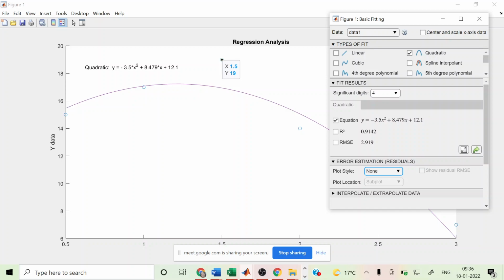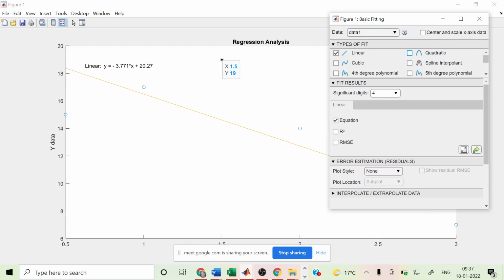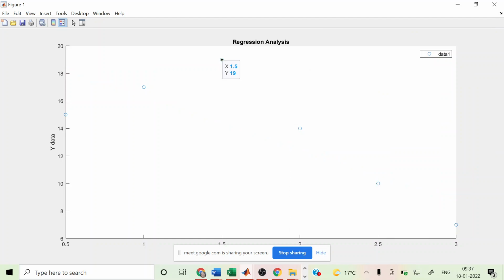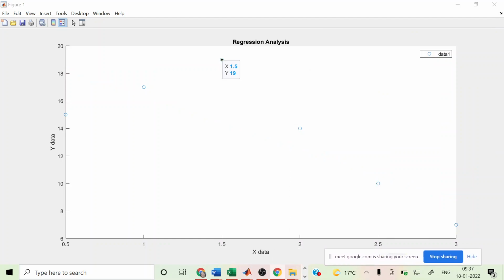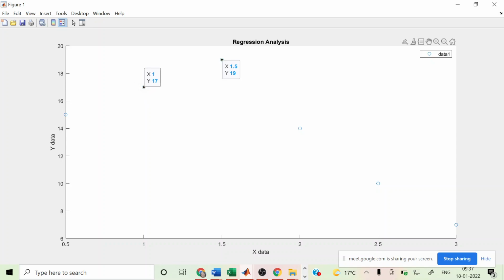Okay, so now we'll take this and remove this. First I'll remove everything. So you can see that this is the scatter plot, in which scatter means these circles which you could see. It is like different points. If you click here, you will get the same value. Okay, scatter plot. So how many samples do we have? 6 samples. And regression analysis is the title, with x axis and y axis, x data and y data.